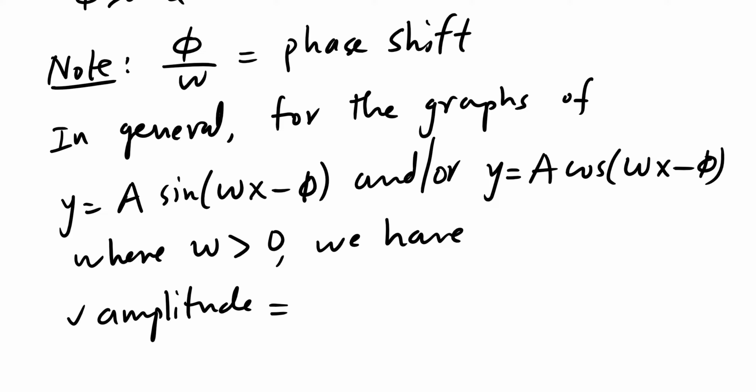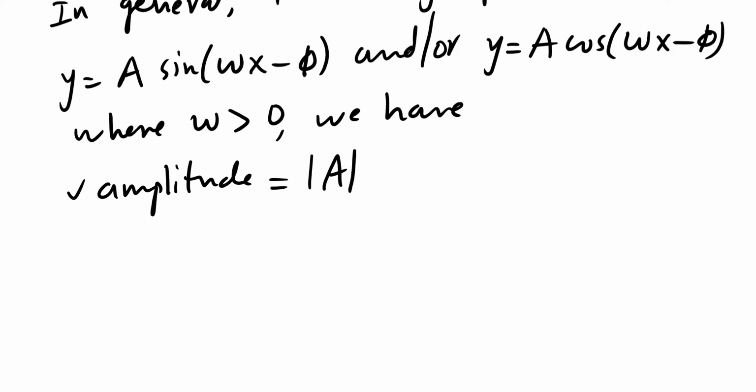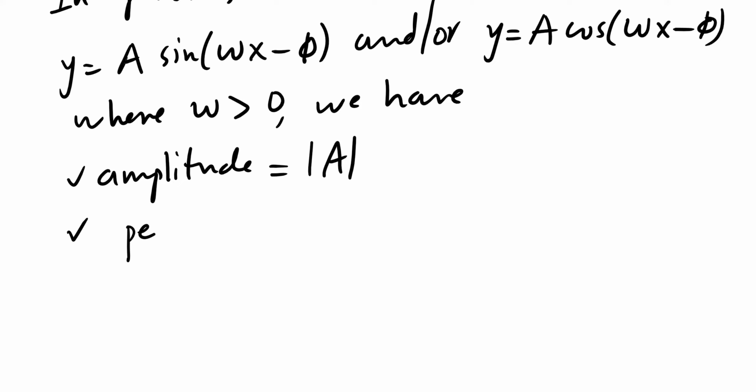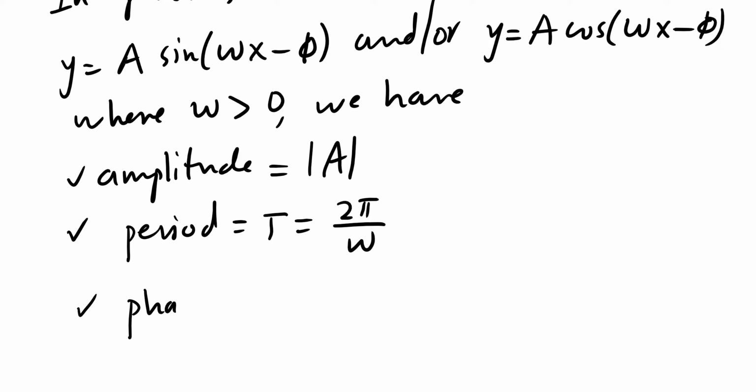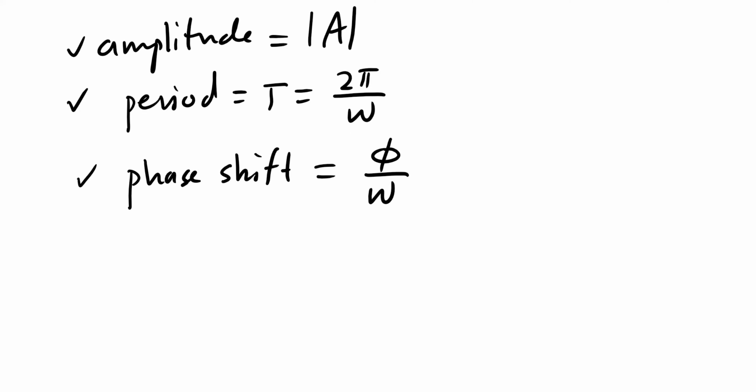The amplitude is always the absolute value of a. The next one is the period. The period T is 2 pi over omega, because omega is positive, so we don't need the absolute value. And the phase shift is phi over omega. These are the three really important things to know for this section.